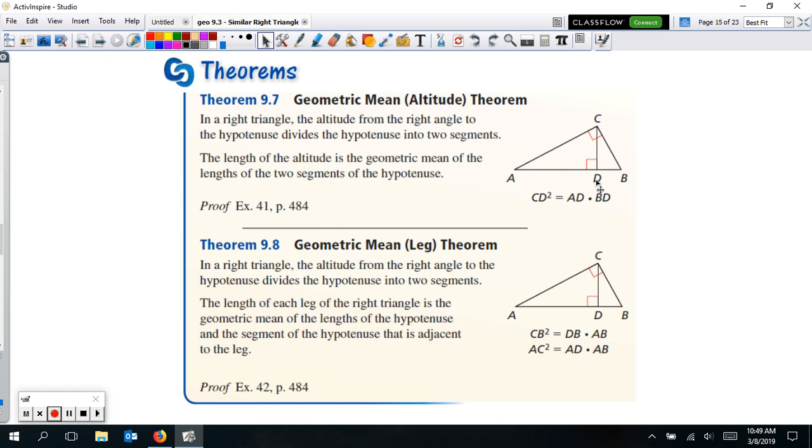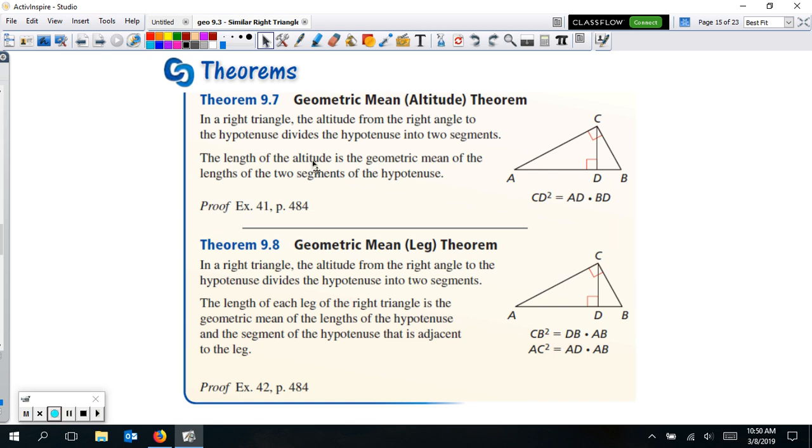And so what we're going to see on this one is the geometric mean altitude theorem. So it's basically saying in a right triangle, the altitude from C to D, from the right angle to the hypotenuse, divides the hypotenuse into two segments, which you can see definitely it does, the AD segment and the BD segment right there.